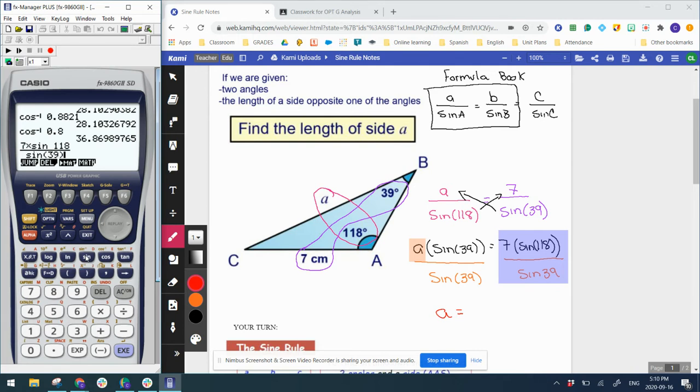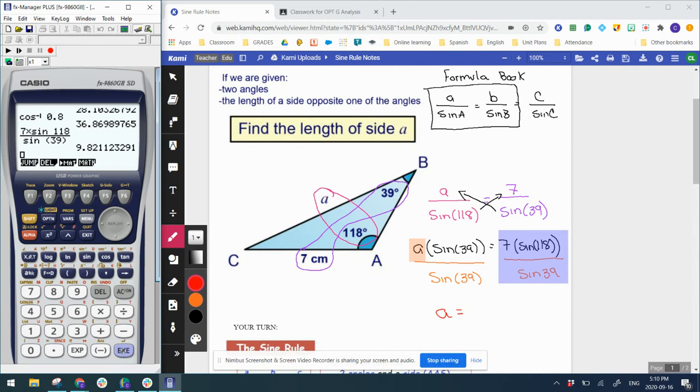The bracket there. Sorry, I tried typing it on my computer to see if it worked, but it didn't. So let me just quickly type sine 39. Execute. Well, and that's it.